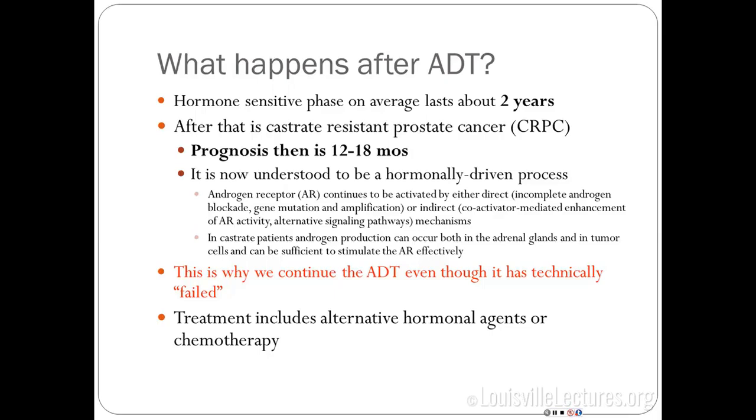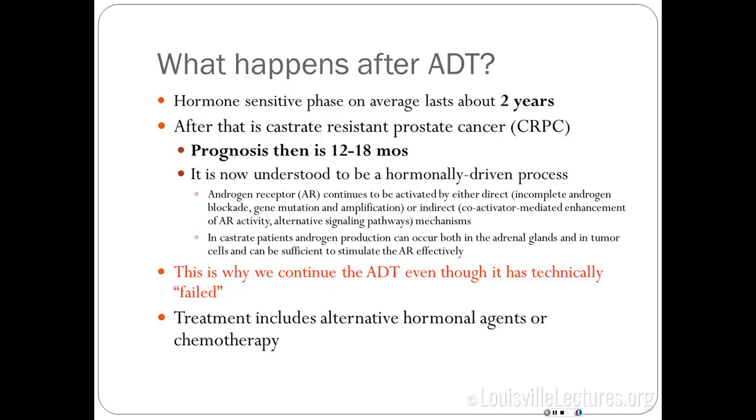In the past, we used to call this androgen-independent prostate cancer, but we changed the name when we realized that this is still a largely hormone-driven process. It's still largely testosterone-driven. And this castrate-resistant phase, CRPC is the acronym, lasts on average about 12 to 18 months. What's happening as we've elucidated more and more about the androgen receptor is that several things are happening.